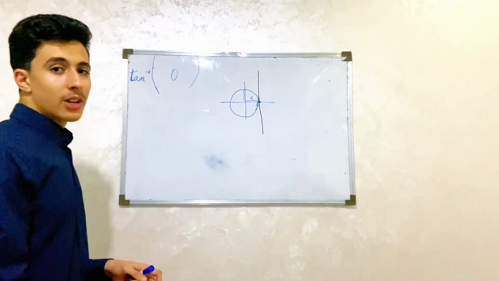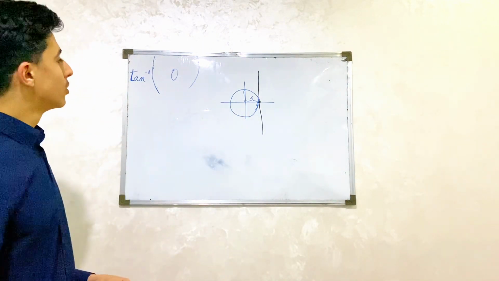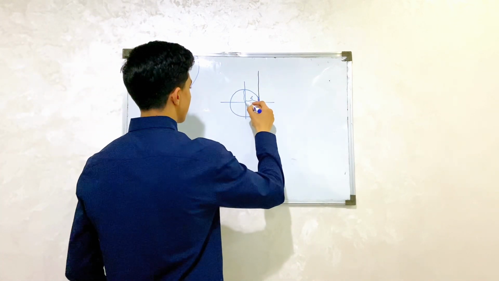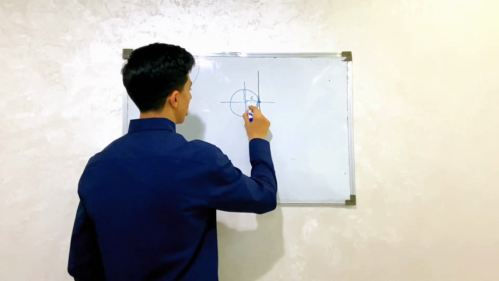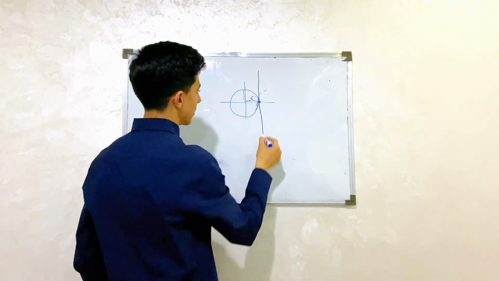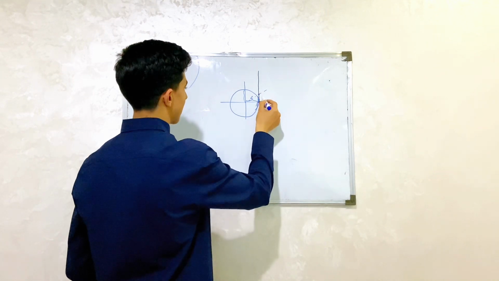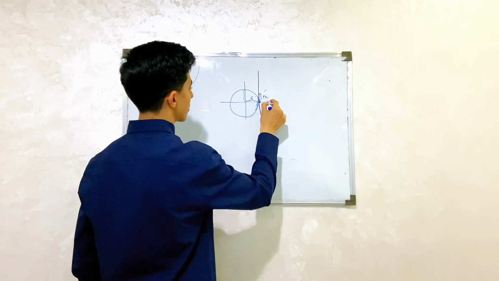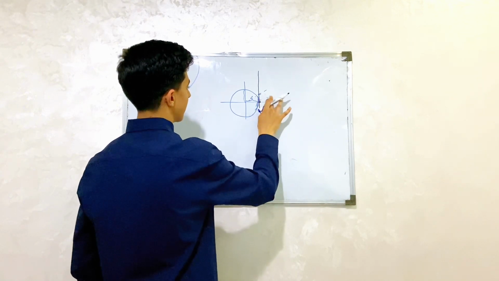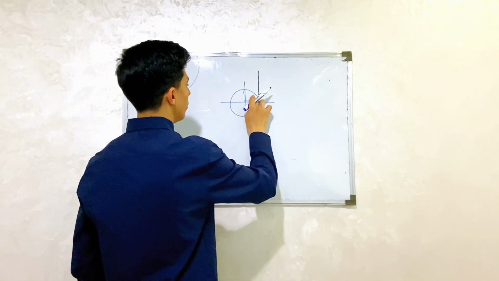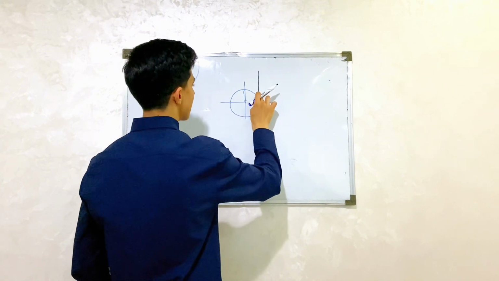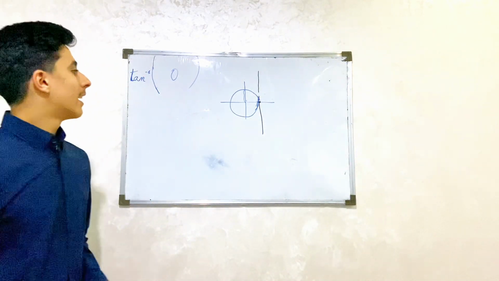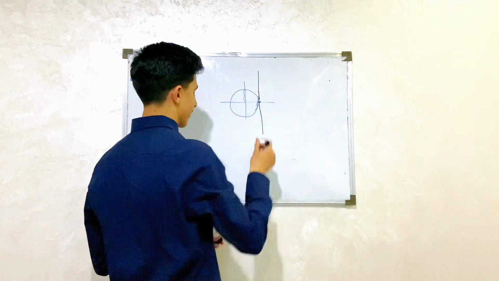Okay, if we want our tangent to be equal to a certain value, it means that if we go for the angle and we project it on this line, the height here is the tangent of that angle. Right, so if we want the tangent of our angle to be equal to 0, we need our angle to meet certain values.